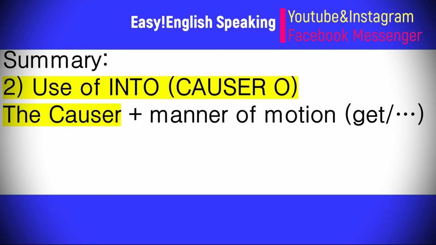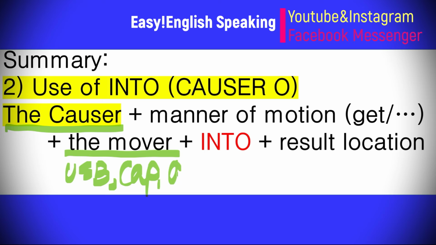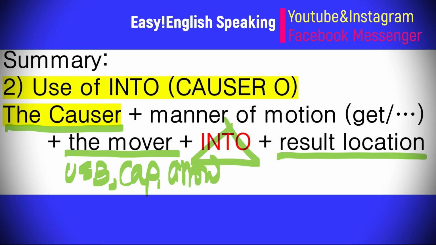The first thing you should say is the causer, because the causer is one of the most important pieces of information for your expression, then the manner of motion verb, something like get, and the mover, what was moved, for example the USB or the swimming cap or the arrow, into the result location, somewhere like the notebook or the frisbee.